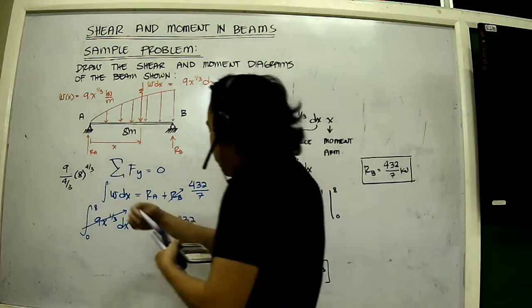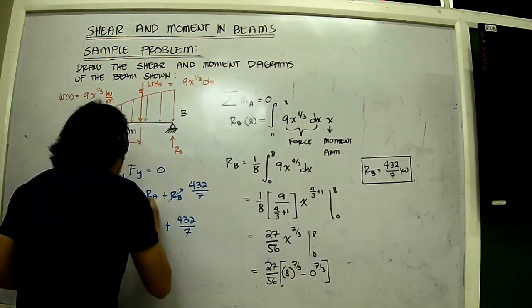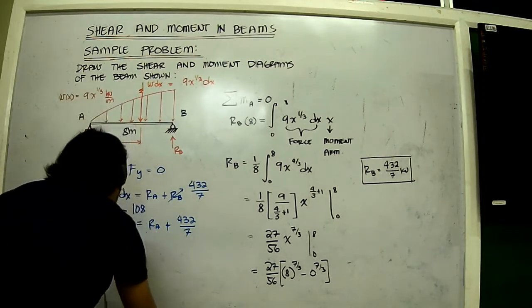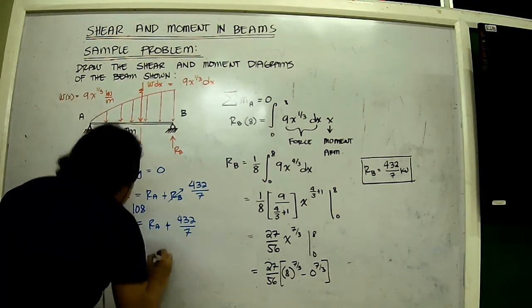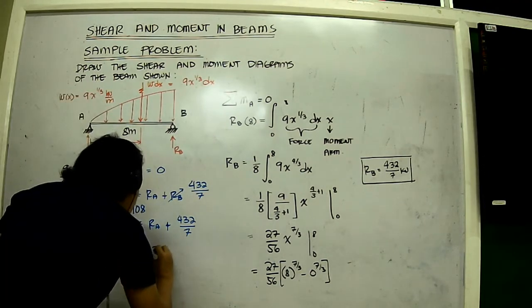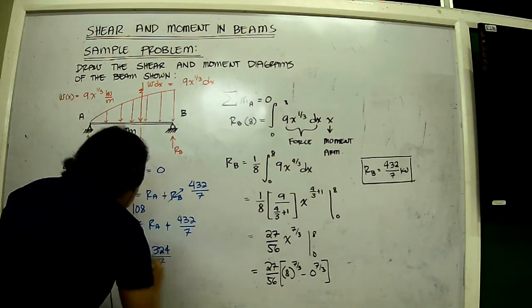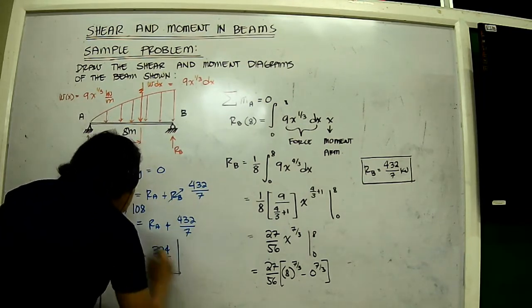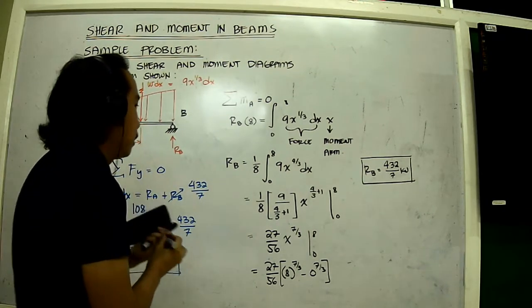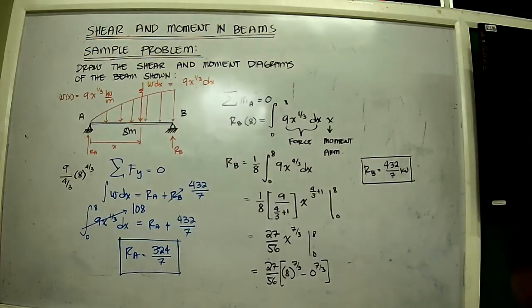The value of this integral should be equal to 108. Therefore, RA can then be solved as 324 over 7. Okay, so those are the reactions for this beam.